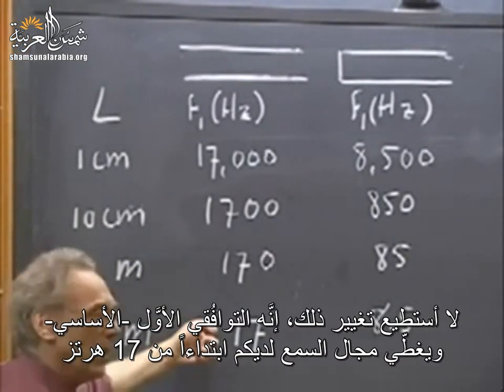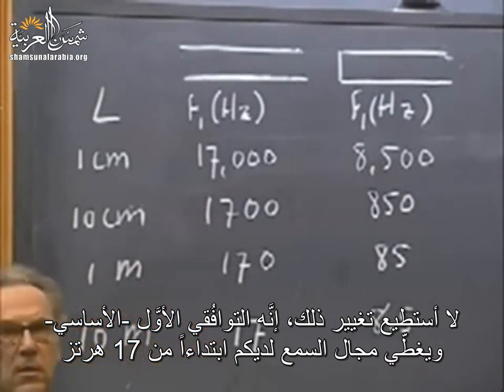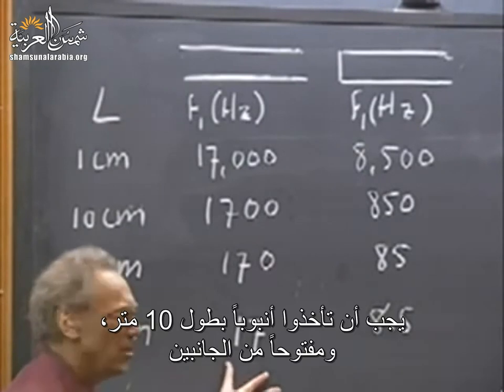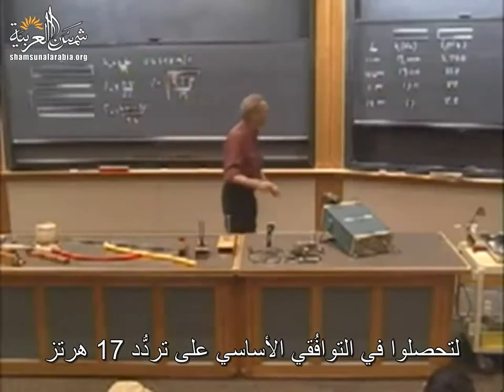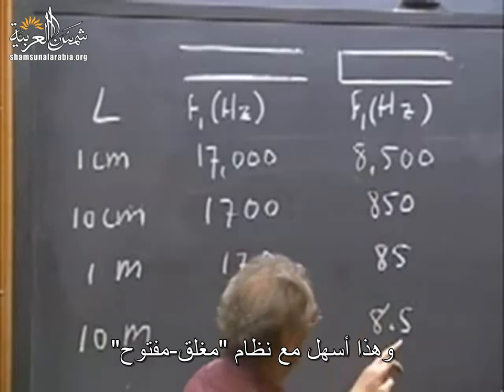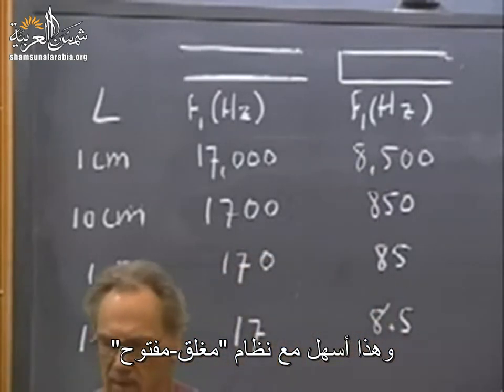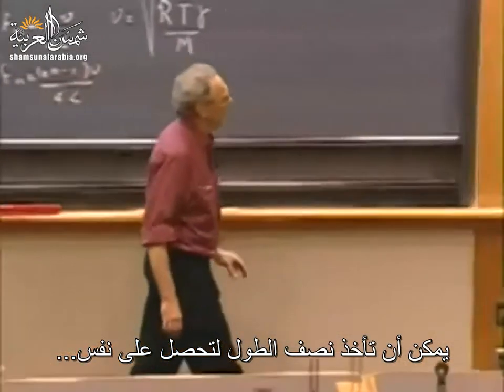And this is then the fundamental, the first harmonic, covering the entire range of your hearing, all the way from 17 hertz. So you would take a 10-meter long tube, open on both sides, to get in the fundamental the 17 hertz. And for a closed-open system, that would then be easier, so you could get away with half the length to get the same.